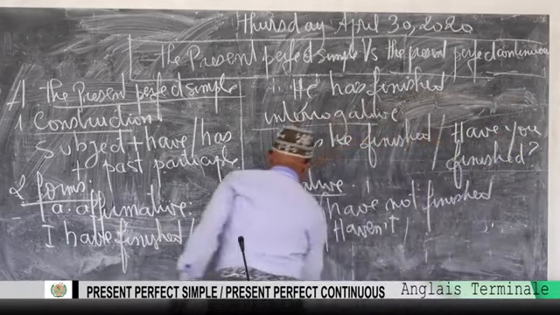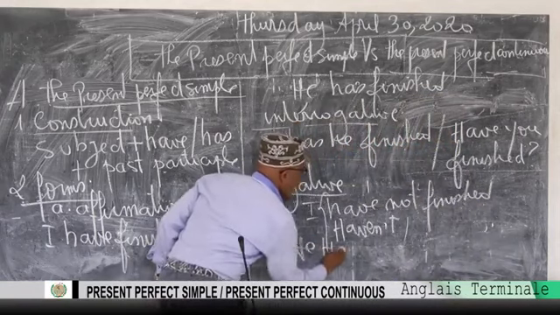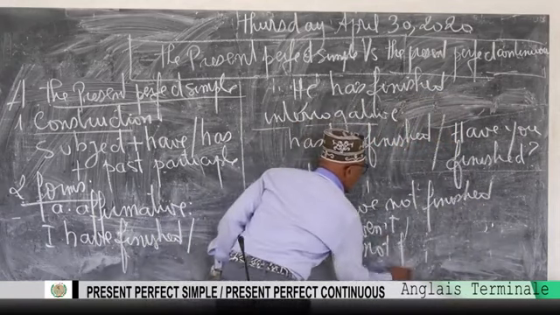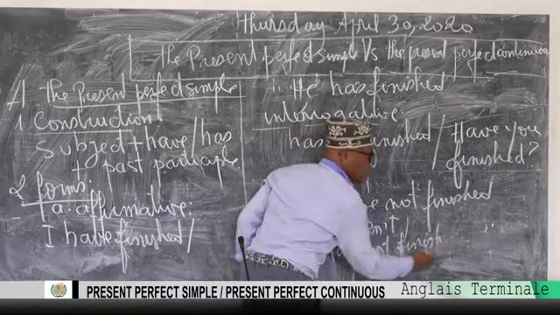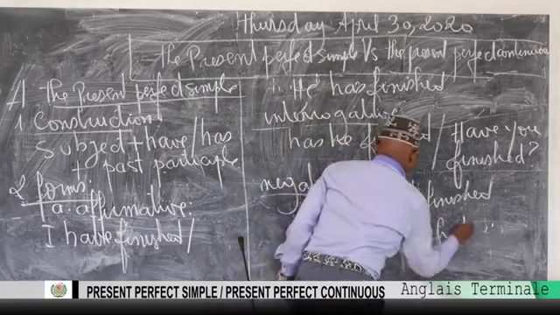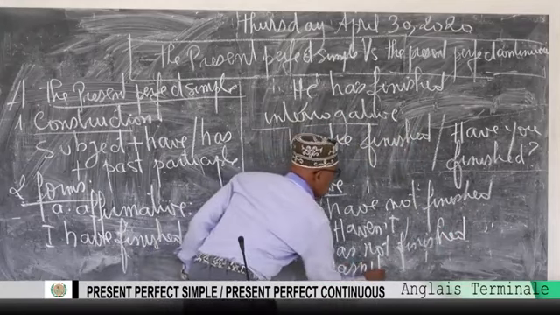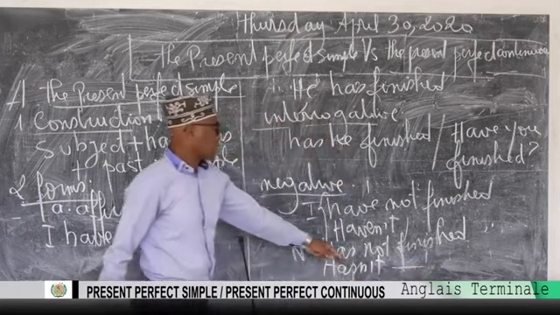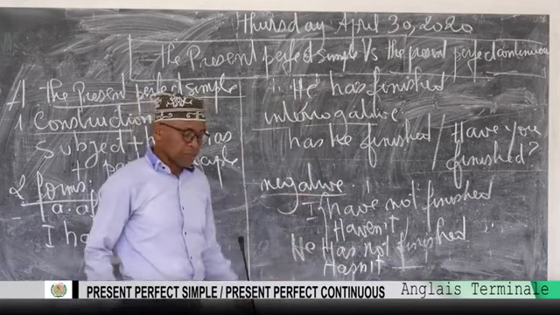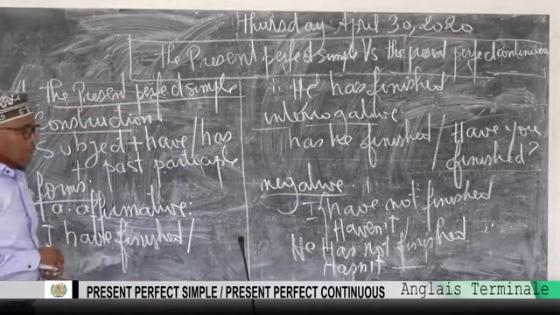Or he has not finished. Or he hasn't finished. In spoken English you can use the shortened form. So as you can see, it's very easy.